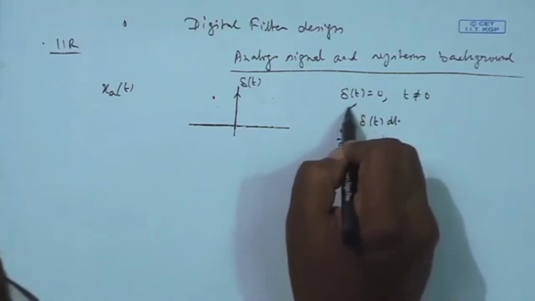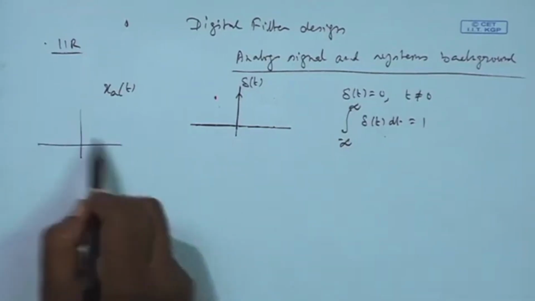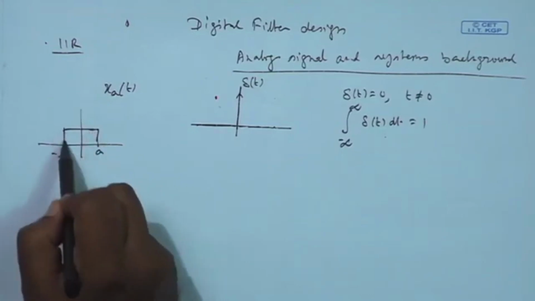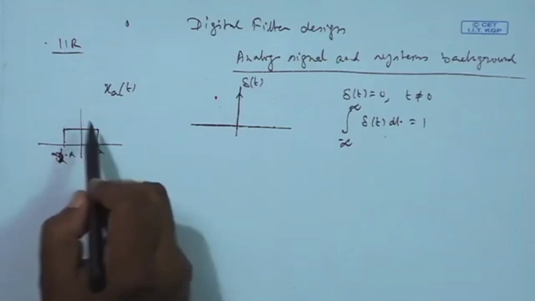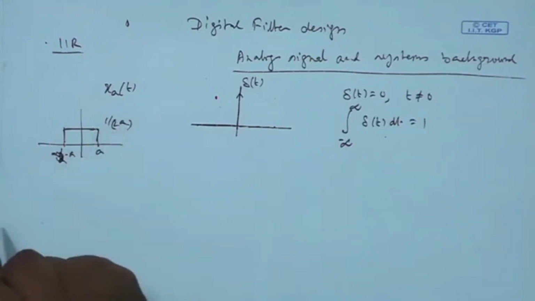That is why they teach it like this: first you take a box, say from minus A to A. I want to make the area 1, so the total length is 2A, and the height is 1 by 2A.